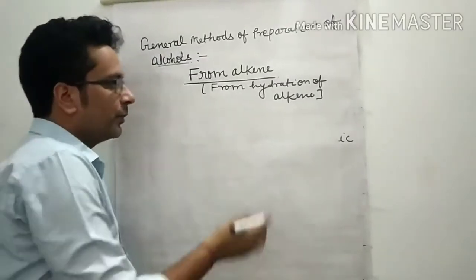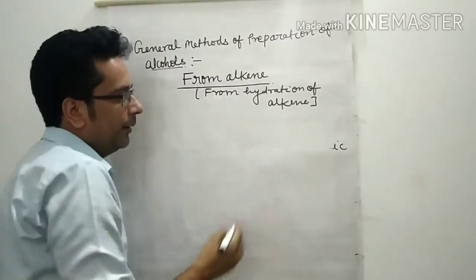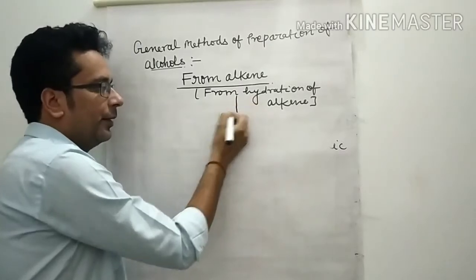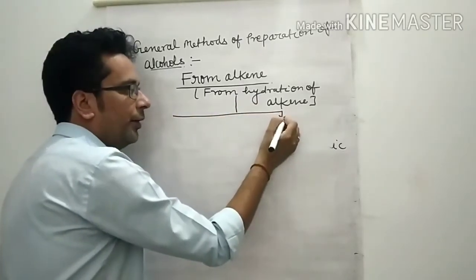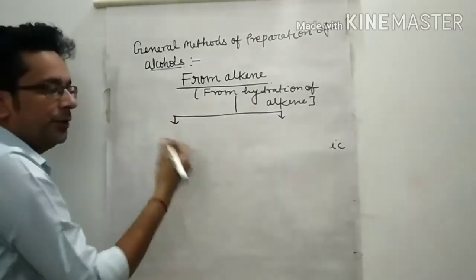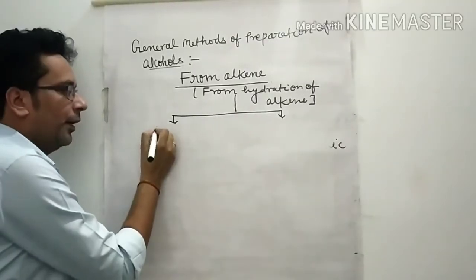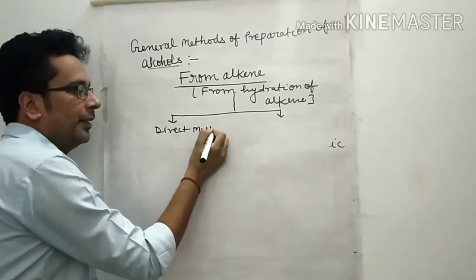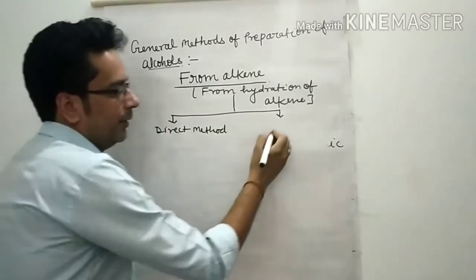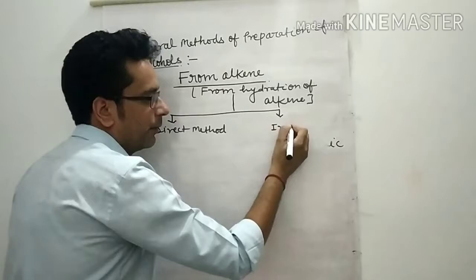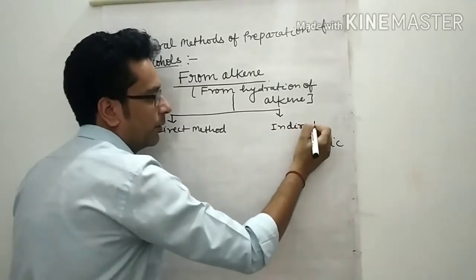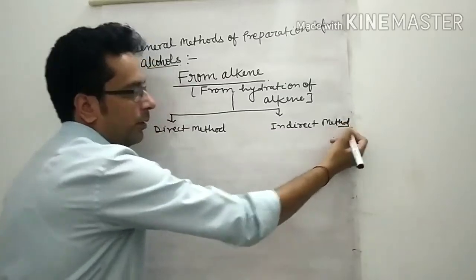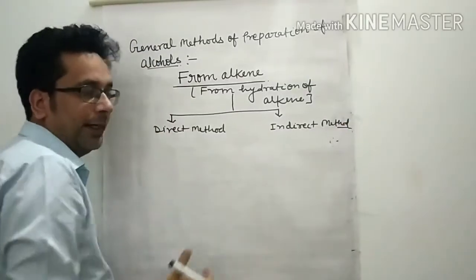In preparation from alkene there are two methods. The first one is the direct method, and the second one is the indirect method.